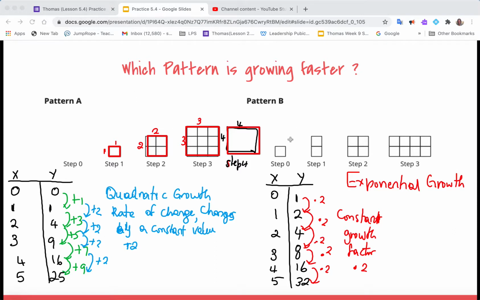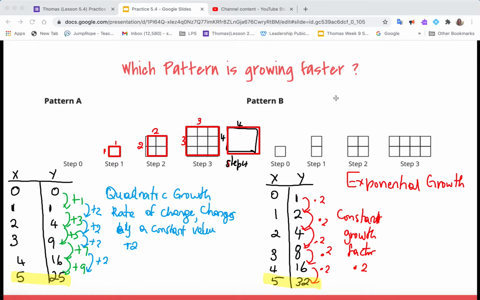So we had 1, 2, 4, 8. Now, one of the things they asked us is which is growing faster. And when we look at the numbers, you notice up to step 4 they have the same, but after step 5, we're noticing that pattern A has 25 squares, whereas pattern B has 32 squares. So clearly just examining what's going on after the fifth step, exponential is going to get bigger.